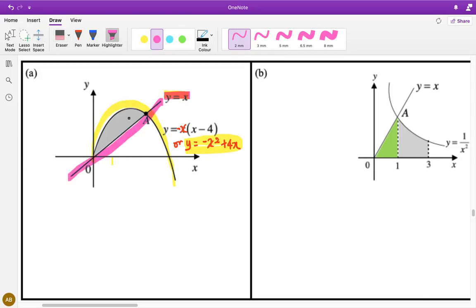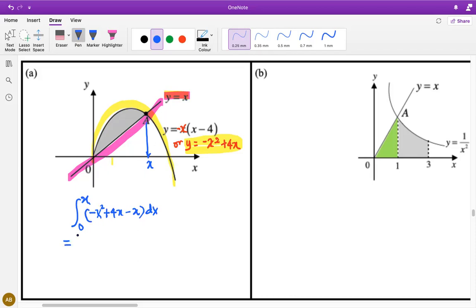If we want to find the area of the shaded region, we use the formula from 0 to a. You need to find what this is: this is x, and then we use the equation of the curve, negative x squared plus 4x minus x, dx.